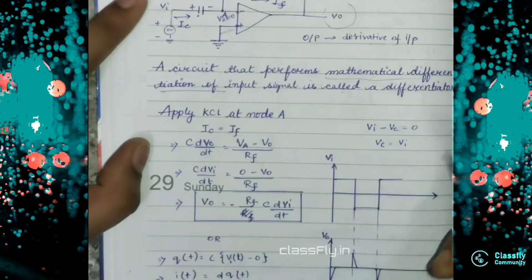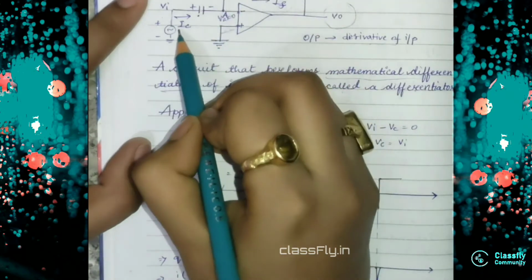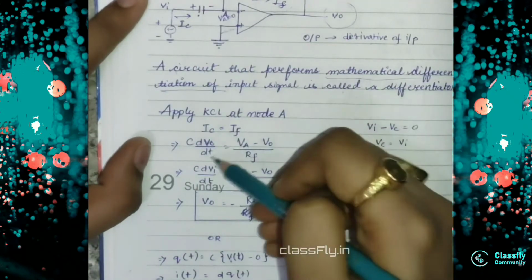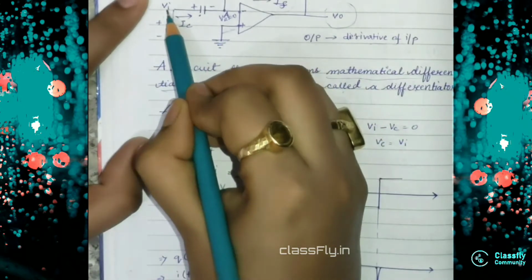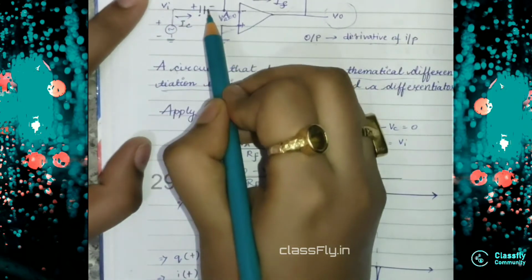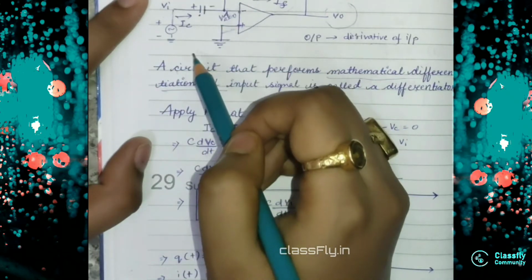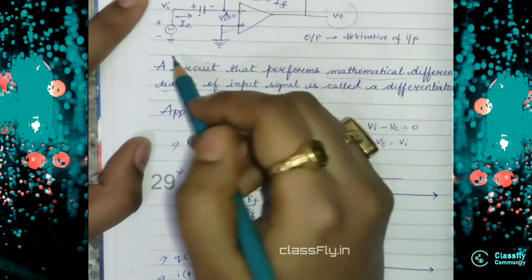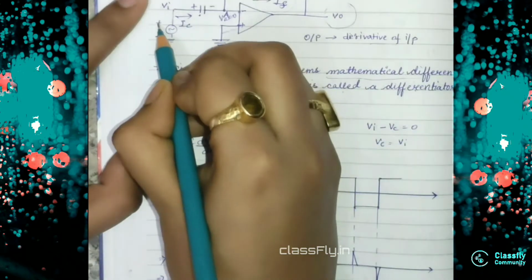So see, I will apply KVL, right? Here, at VC, you can see that VI minus VC equal to 0, I can write. This is my minus to positive.